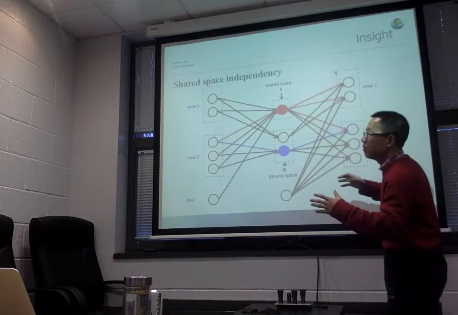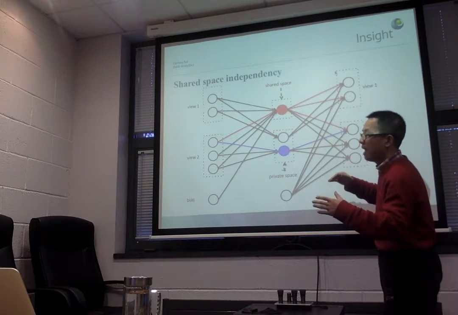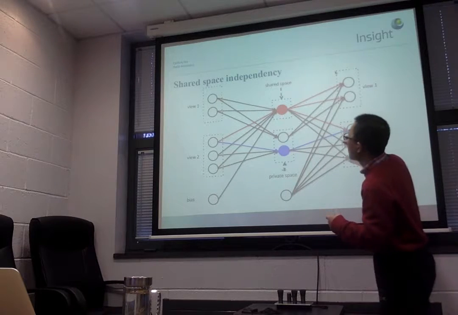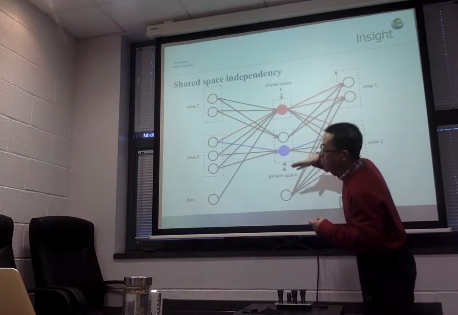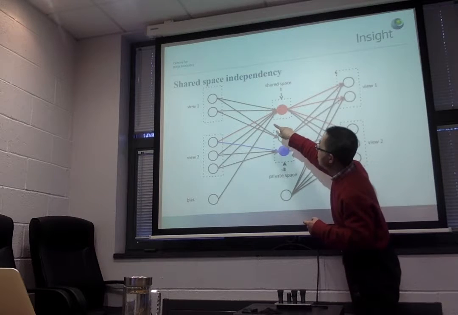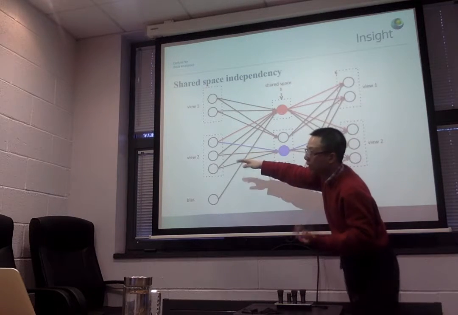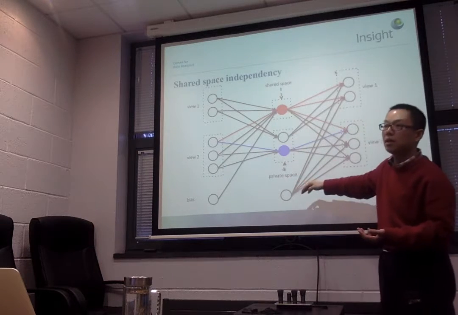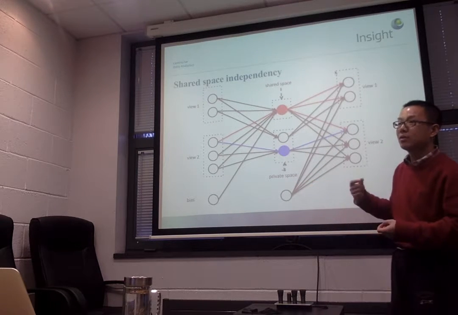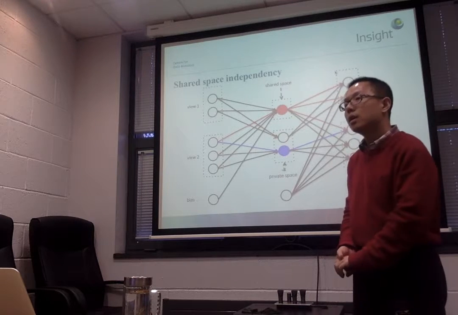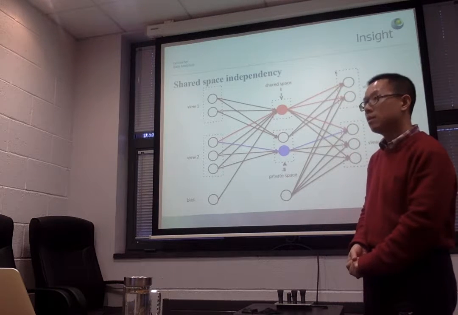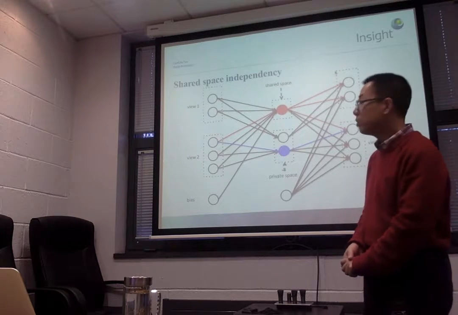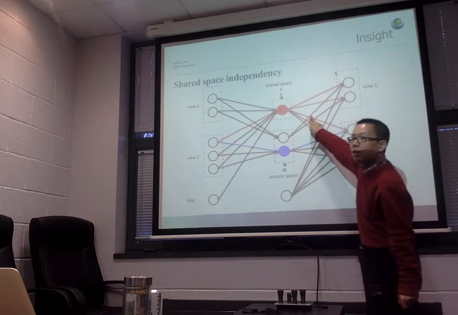So in order to make the loss smaller, the training itself will try to restrain private information to only go to its corresponding private space, and that is the way. You obviously want the shared space to have whatever is shared between different views go through it.